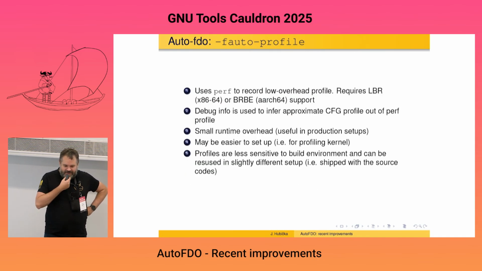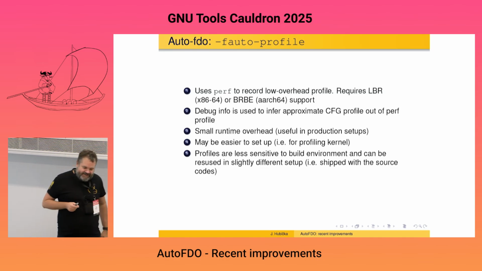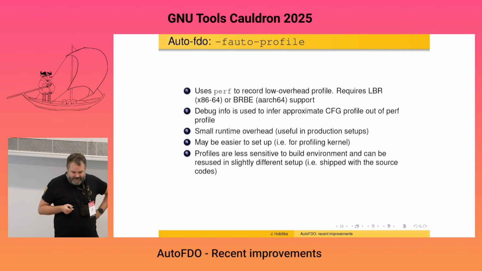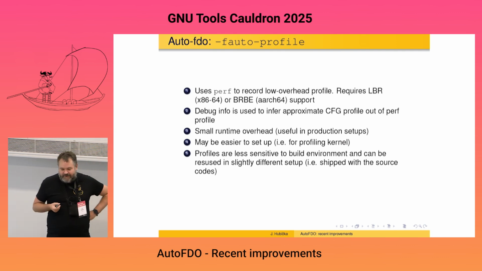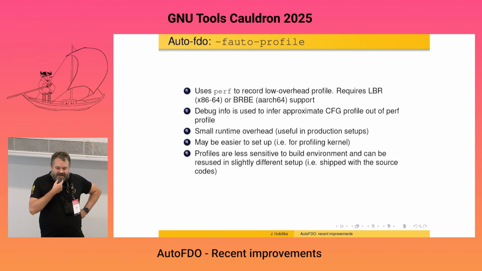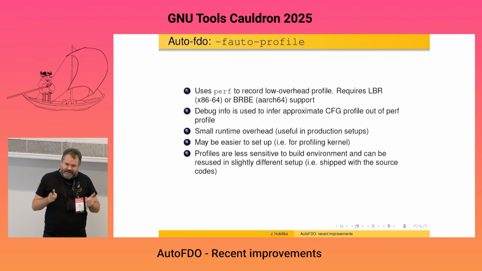So AutoFDO is kind of a compromise, somewhere in between the normal FDO and the guessed profile. The basic idea is to use perf to record a low overhead profile. And there are these LBR and BRB extensions, which let you record with every sample a sequence of jumps which were taken just before executing the sample.